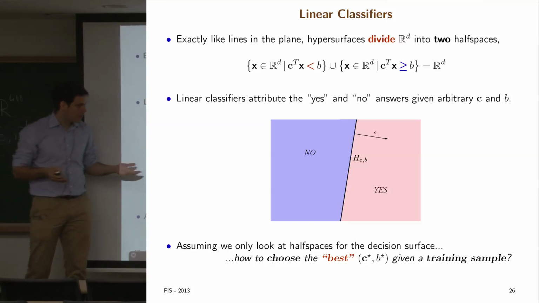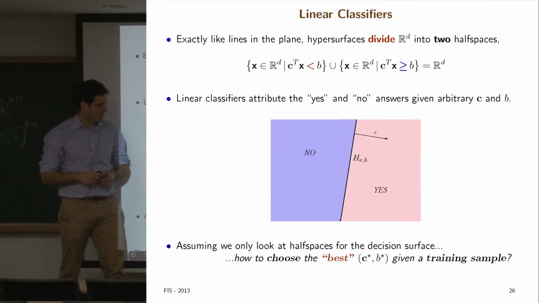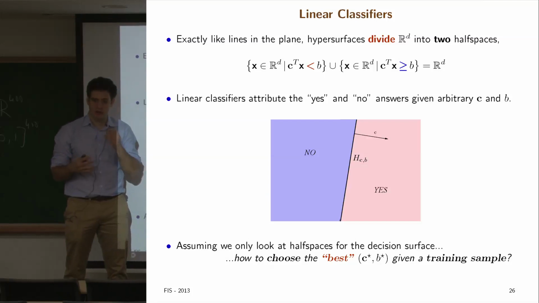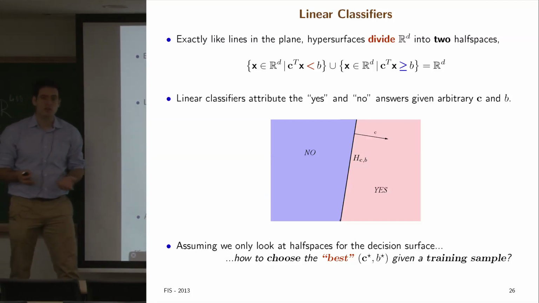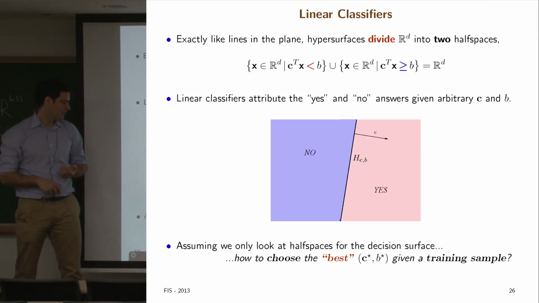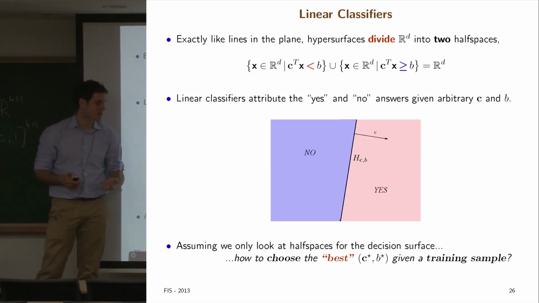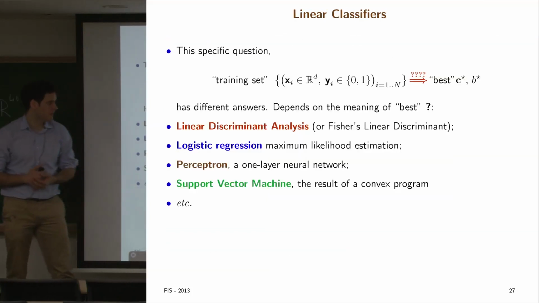So now that we've defined our model, at least the classifier model that we're looking for, the big problem now is, given data or a training sample, how can we choose the best possible C star, B star? That's the problem of linear classification.